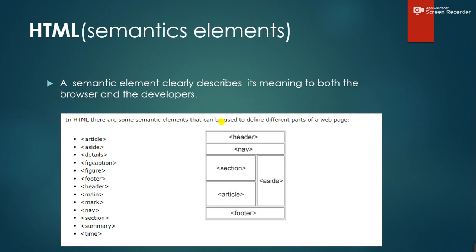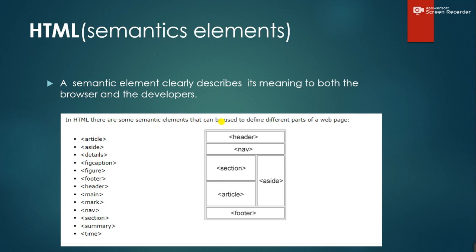Semantics means the elements that have some meaning by their names, by their content. A semantic element clearly describes its meaning to both the browser and the developers.